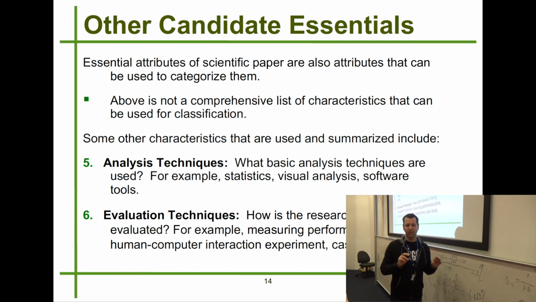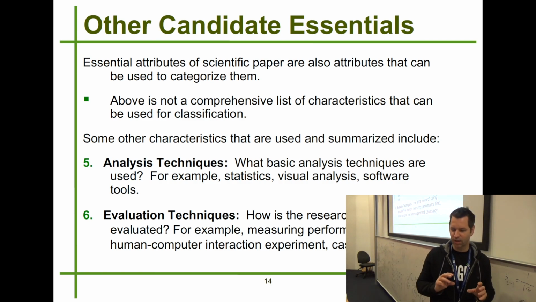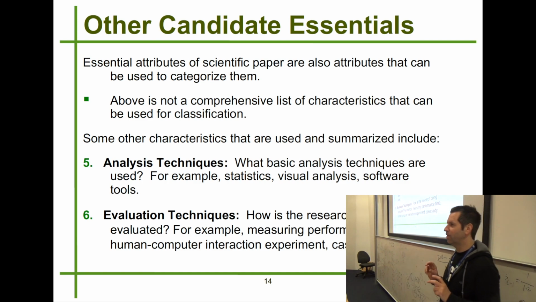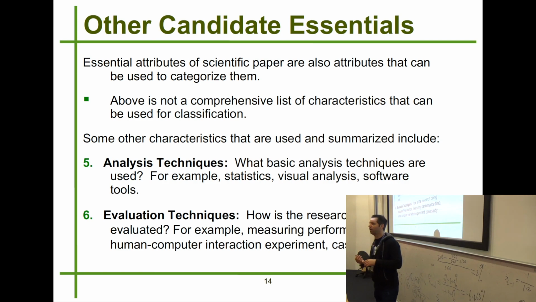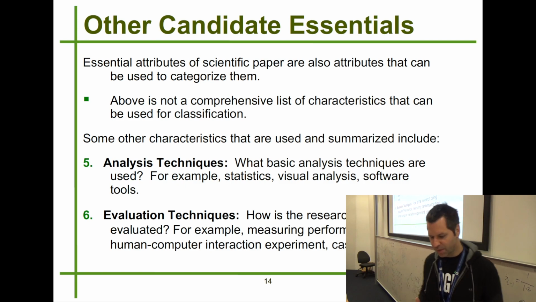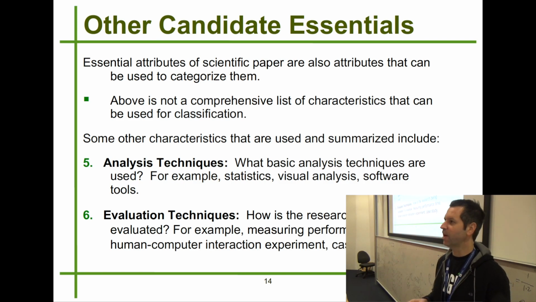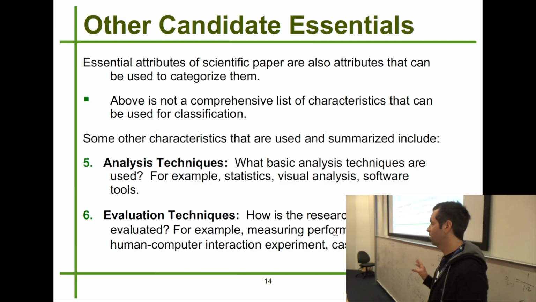So that's the results. What are they doing in their evaluation to show that their results are true, or trying to demonstrate their results? They could be measuring performance time. That's just one strategy, right?